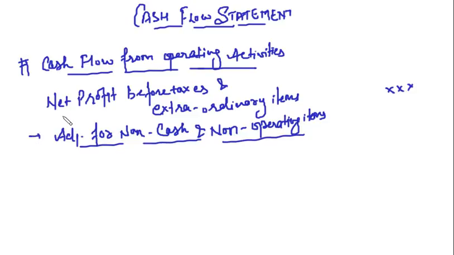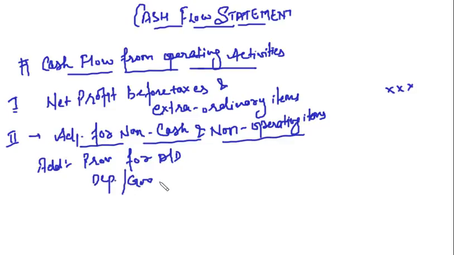In step 1, we check the items which are directly related to the net profits. In step 2, we consider those items which are not directly related to net profit. In this we add back provision for doubtful debts, depreciation, goodwill written off, and loss on sale of fixed assets.